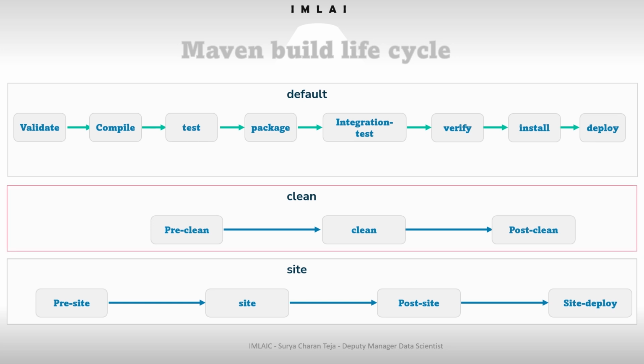For a fresh build and deployment, if you want to create a fresh build and if you want to deploy it, for that purpose you require cleaning. So for that we'll use the clean build lifecycle. It consists of pre-clean, then pre-clean is done, then we go for the clean, and then finally we do the post-clean. It's the complete cleanup of our Maven repository.